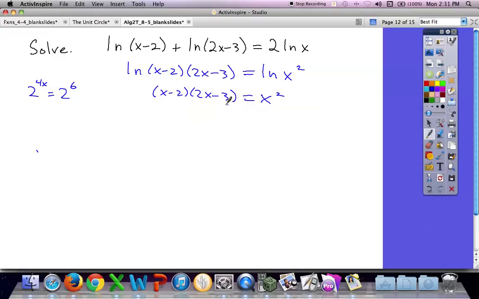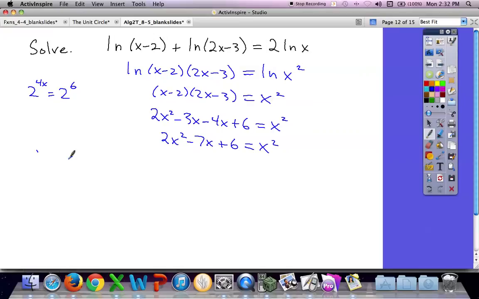So let's FOIL the left to see what that looks like. 2x squared minus 3x minus 4x plus 6. Combine like terms, 2x squared minus 7x plus 6 equals x squared. Now we need 0 on one side.